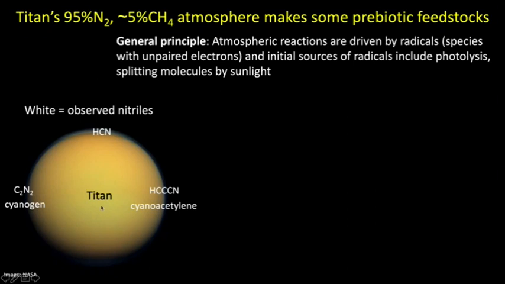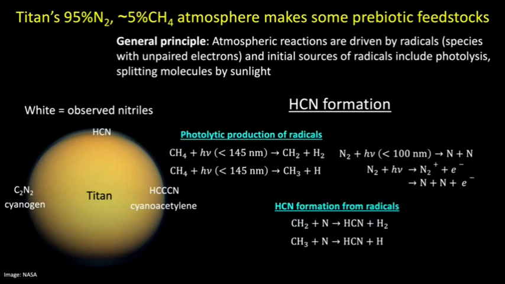Well, how do they form? The general principle in atmospheric chemistry is that reactions are driven by radicals, that is, species with unpaired electrons, and a continuous source of radicals is photolysis, when molecules are split by sunlight. The formation of HCN is such a case. It's formed from the photolysis products of methane and nitrogen, as shown here in these reactions.